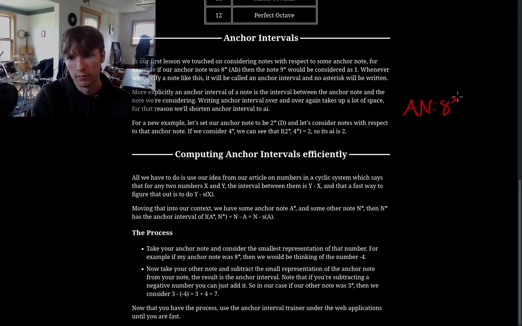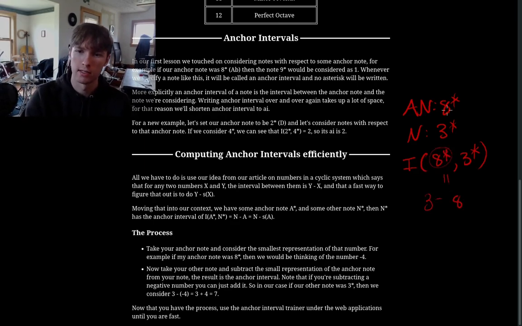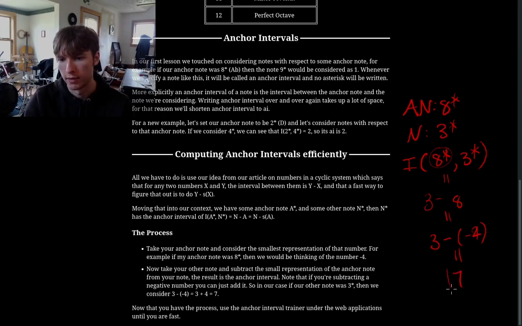Now, let's take another note, say 3 star. We want to know that note's anchor interval, so we do the interval between these two numbers. We know we're going to do 3 minus 8, but 8 is not the small version. So what we really do is use the small representation, which is 8 minus 4, so 3 minus (minus 4), which is the same thing as adding 4, which gives us 7.